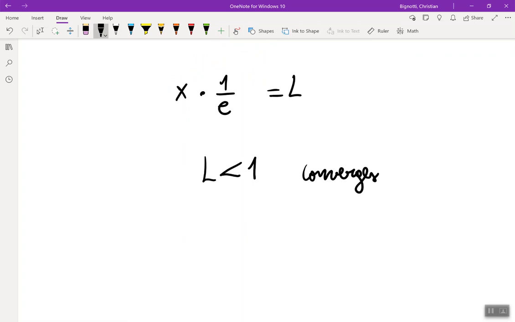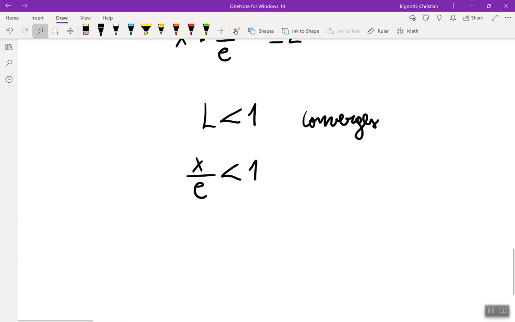If L is equal to x over e, and L converges when it's smaller than 1, we can use this to find the values of x for which this series converges.